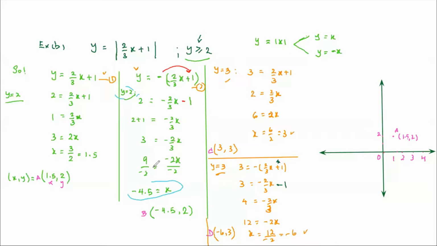Now you try this one, B. I give this one B. B is represented in green. Okay, this is B. So X is negative 4.5, Y is 2. Negative 4.5 about here.